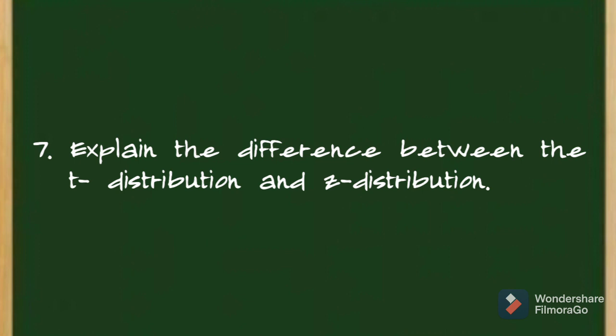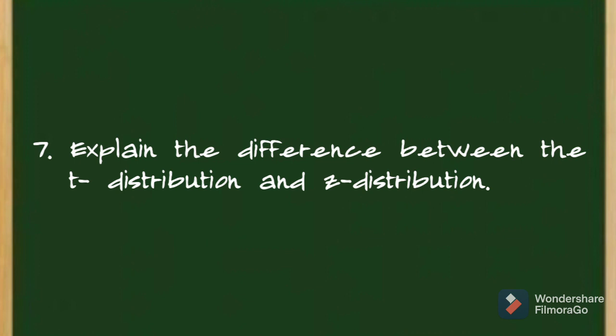The difference between the t-distribution and z-distribution is that the t-distribution is ideally used when n is greater than or less than 30 and the standard deviation or the variance of the entire population is unknown, or the only standard deviation given is from the sample, while the z-distribution or the normal distribution is ideally used when n is less than or equal to 30 and the standard deviation or the variance of the entire population is given.